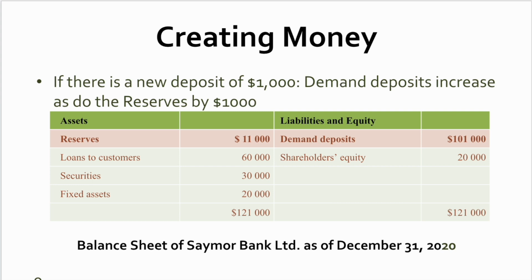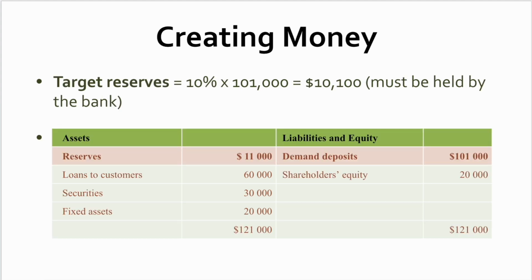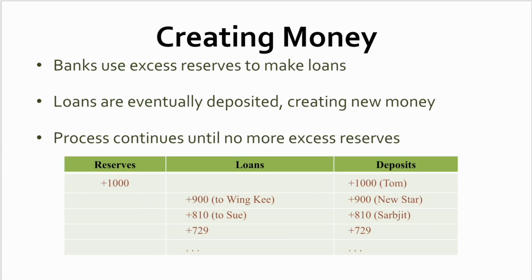And we would think, okay, well, if they have a 10% reserve requirement, that means $10,100 would have to be kept as the reserve for the bank. So the excess amount is loaned out. They charge interest on that, and that's exactly what the bank uses in order to make money. All that money that they loan out, they charge interest on it. That generates revenue in the form of interest revenue.